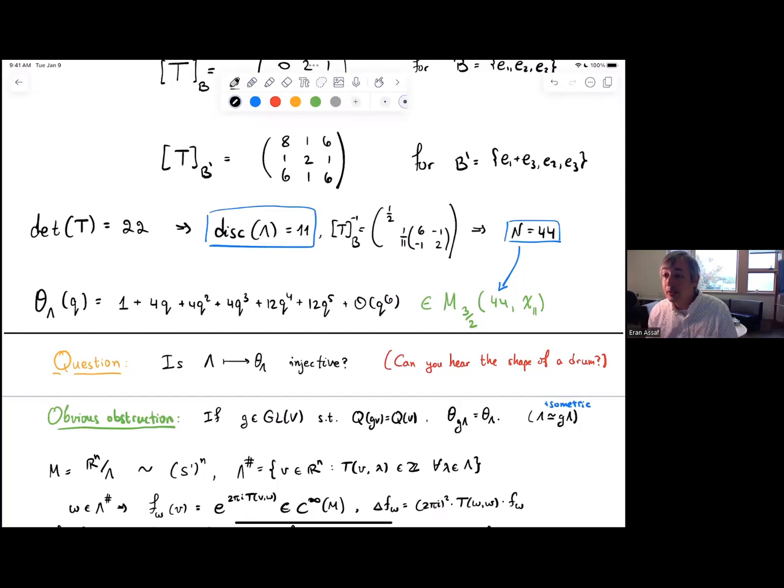This is very simple to see because the Laplacian here is just the usual Laplacian, differentiating twice in every variable and summing over all of them. And you can see that the eigenvalues of the Laplacian are just proportional to the norms of elements in the dual lattice.